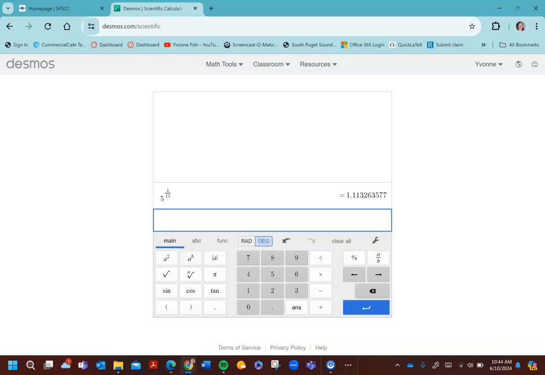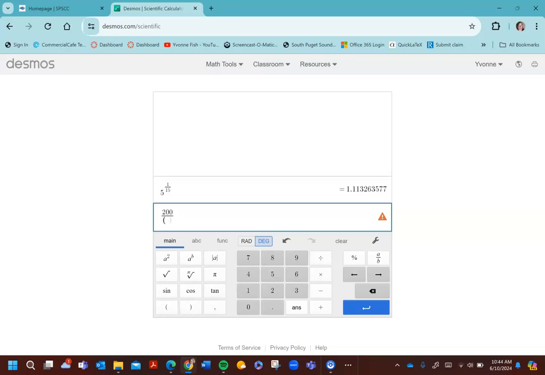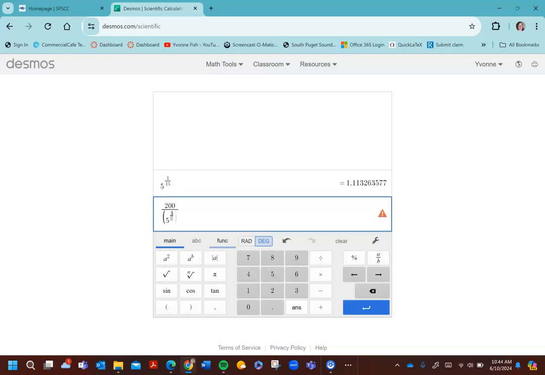So I'm actually going to just write that all in one thing. Let's see if I can get that going. 200, and then on the bottom I have the B, which is going to be my 5 to the 1/15th.